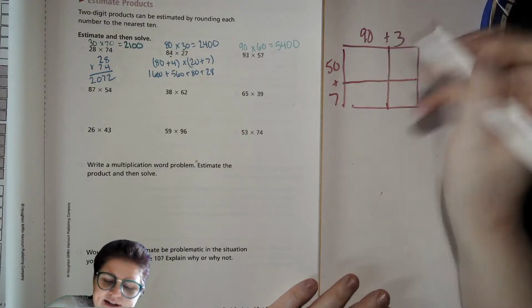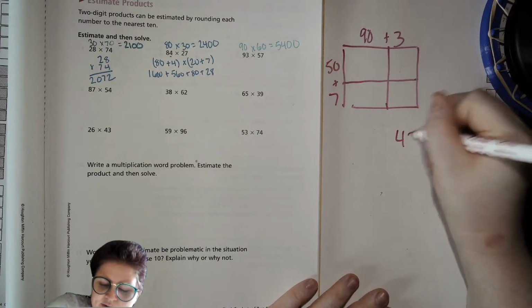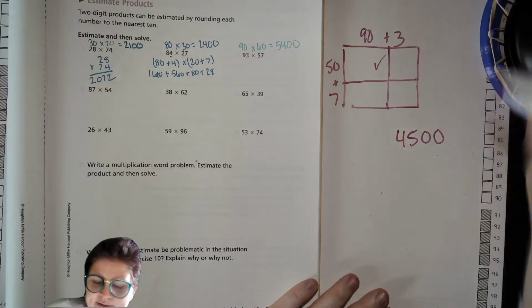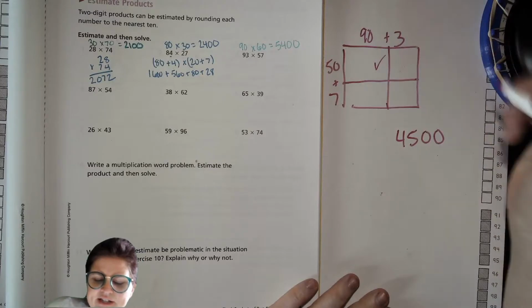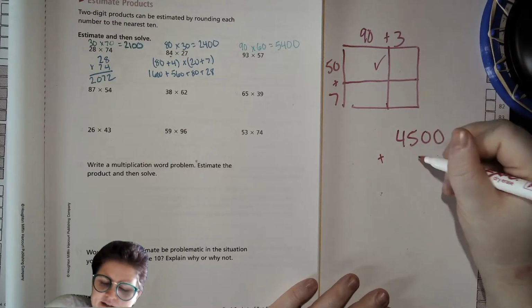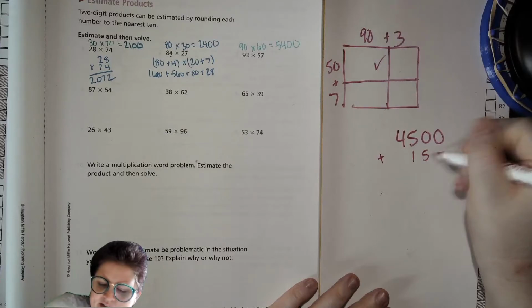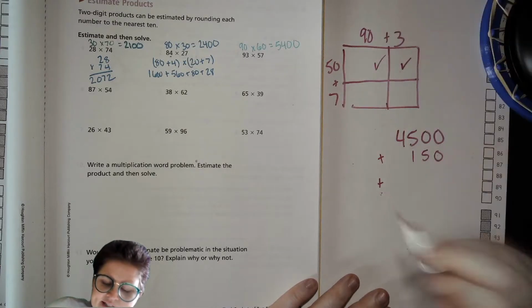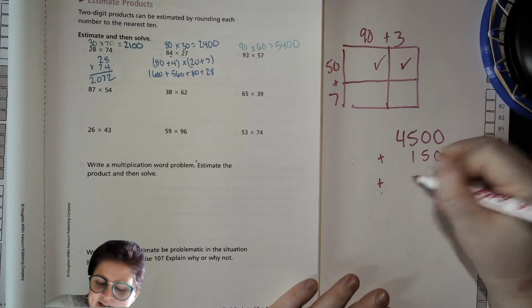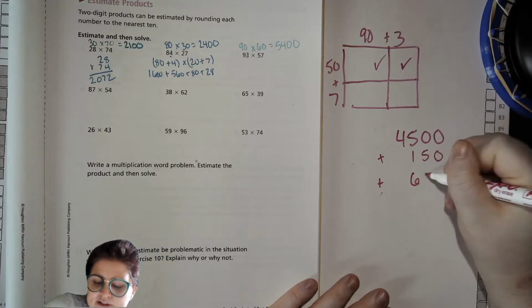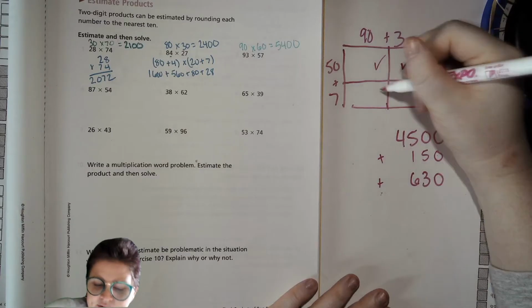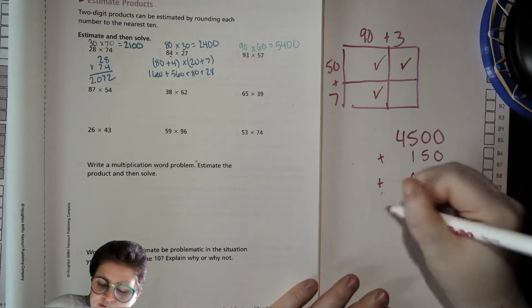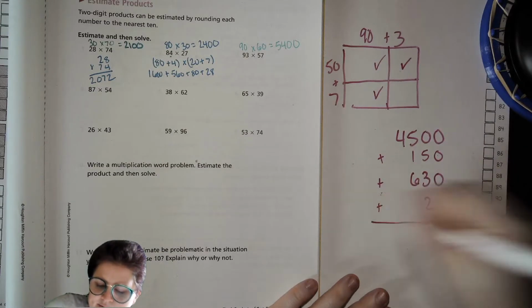All right, so 9 times 5 is 45, so 4,500 for that one. 50 times 3 is 150, or 15 tens. 7 times 90: 7 times 9 is 63, so 63 tens, 630. And 7 times 3 is 21.